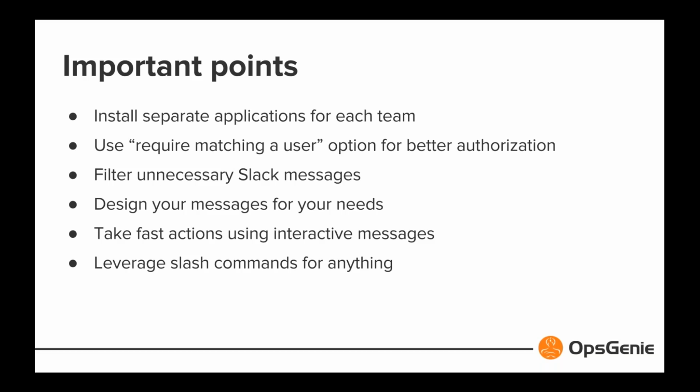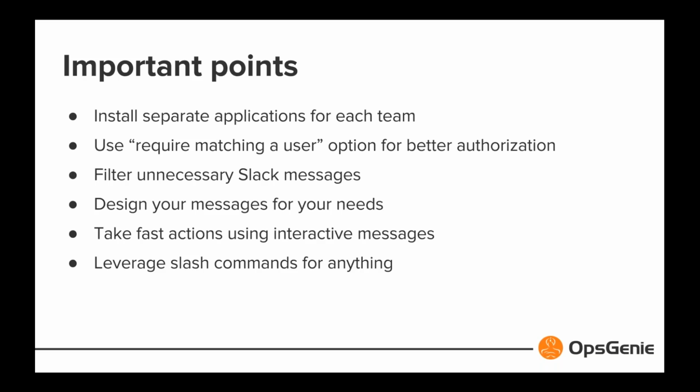And to take actions from Slack, the fastest way is to use Slack buttons. As I showed you, we have the acknowledge and close actions available with one click, and assign, take ownership, and snooze actions are available in the interactive menus.